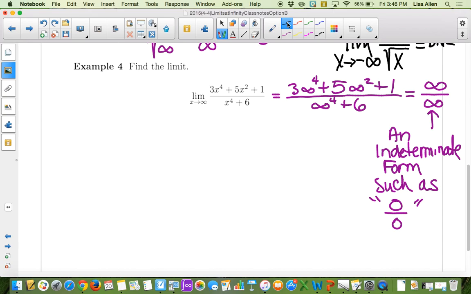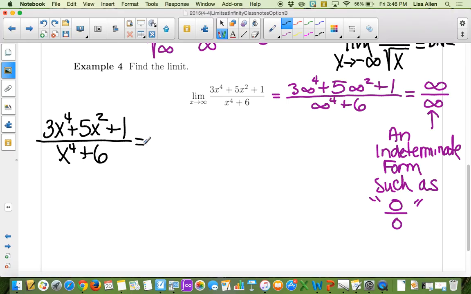So we go back to our original expression, 3x to the 4th without the limit, plus 5x squared plus 1, and that's over x to the 4th plus 6. What we're going to do is take the top of this fraction and multiply by 1 over the highest power in the denominator, which is x to the 4th.